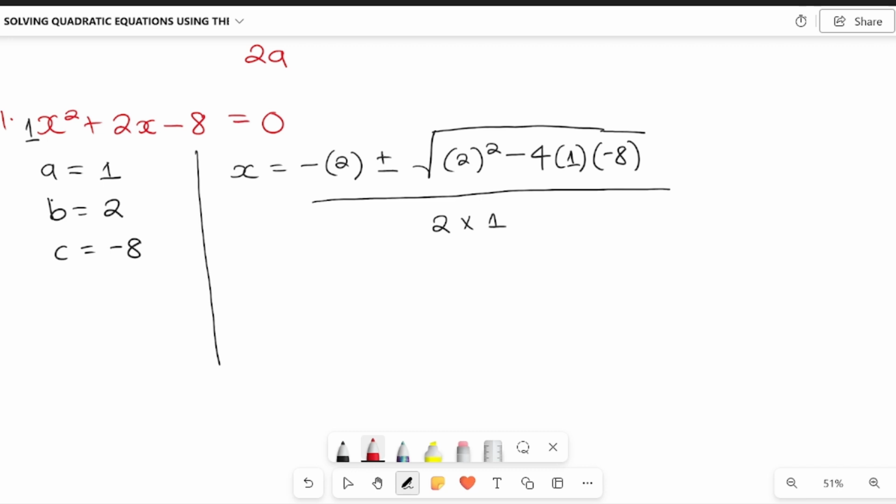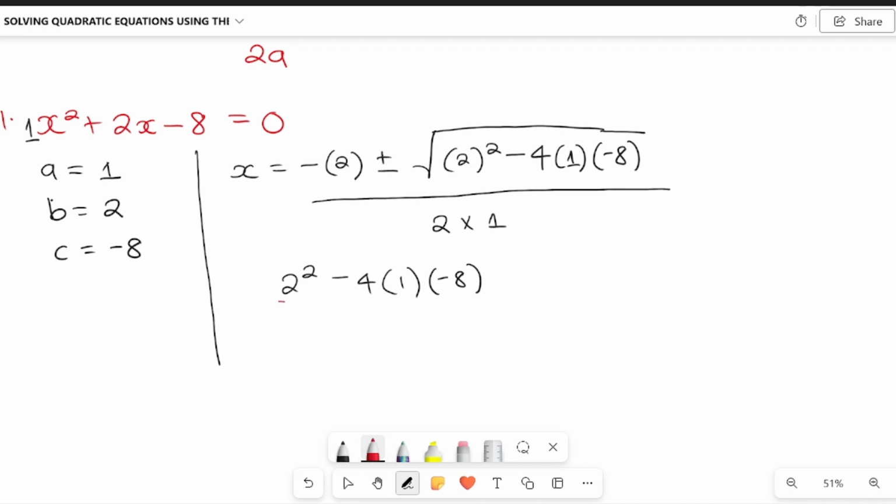Now, when we work out what's in the bracket, let me just write it down here. We'll have 2 squared minus 4 into 1 into negative 8. We know from the order of operations, we begin with exponentiation and multiplication or division, followed by addition and subtraction.